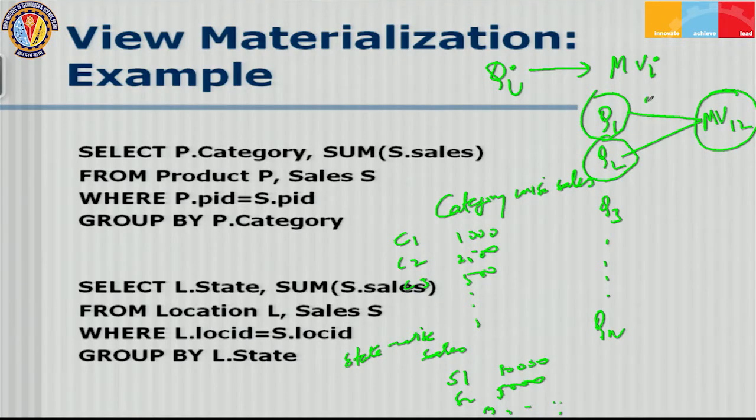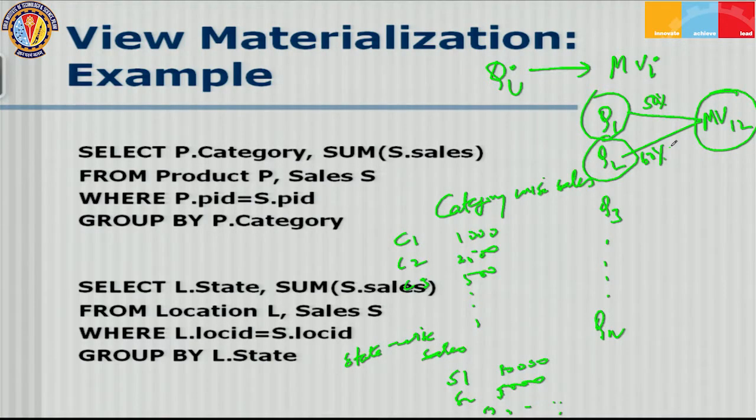So suppose 50% of the work of Q1 is already done in materialized view 1, and say 60% of the work of Q2 is already done in the materialized view. So we need to design materialized views in such a way that they benefit not just one query but multiple queries. That's the idea.